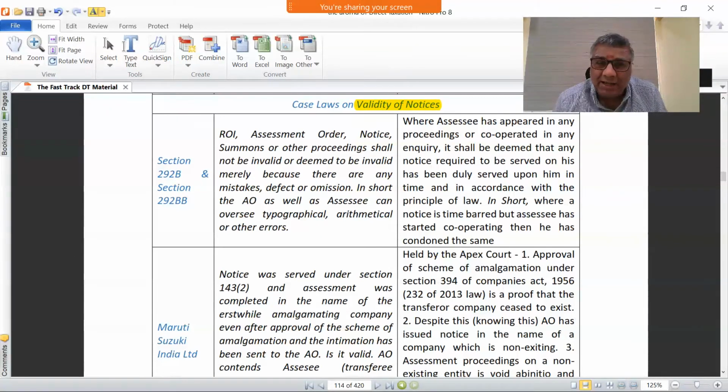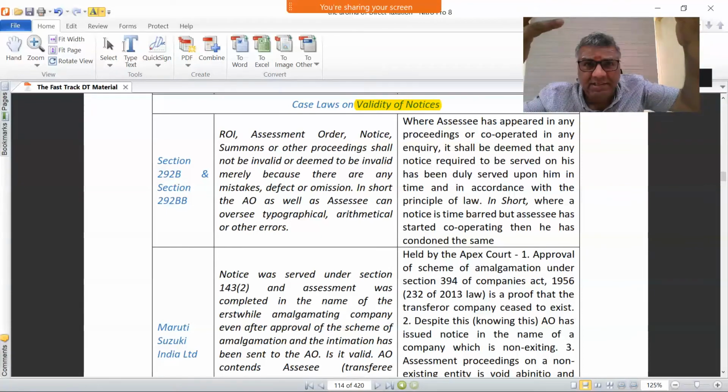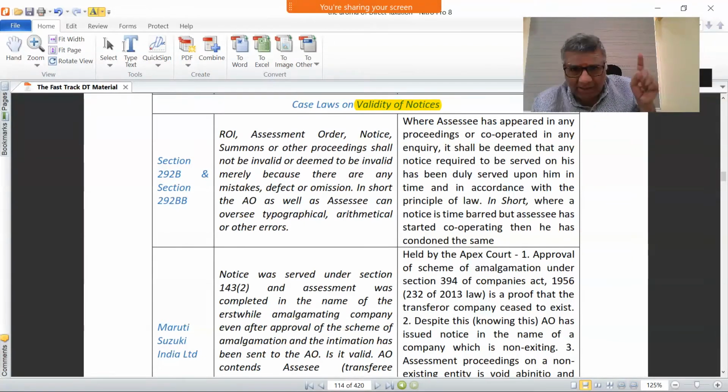B Limited later contended, the notice is not valid because the notice is issued against an assessee who is not in existence. B Limited contended that the department has issued a notice to A Limited, an assessee who is not at all there.